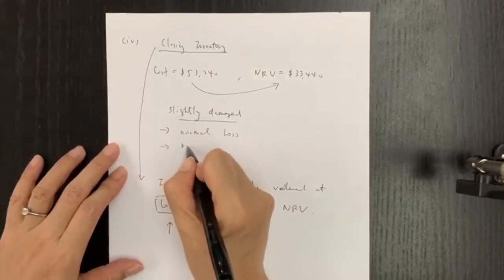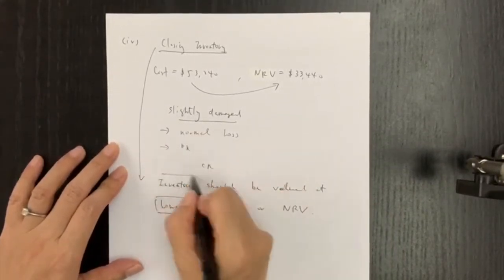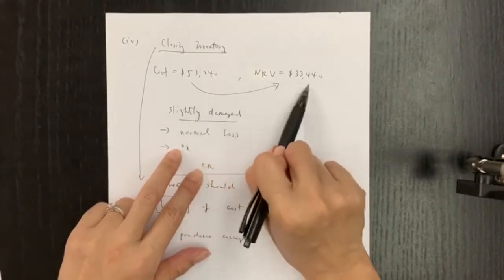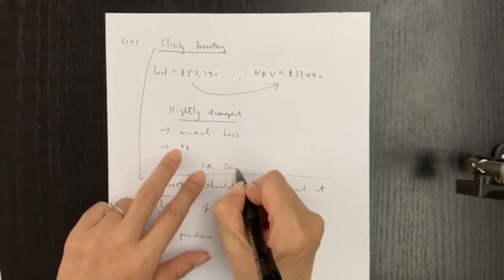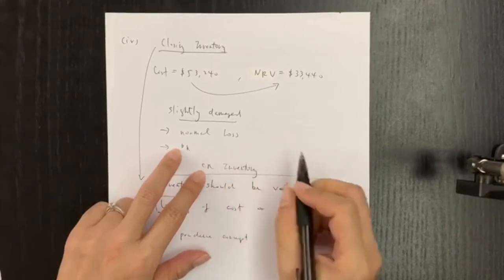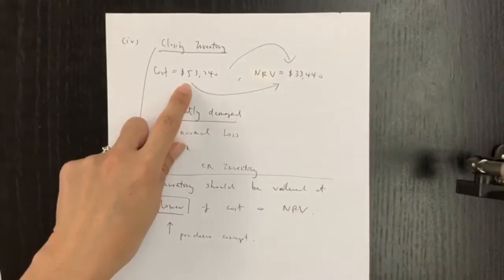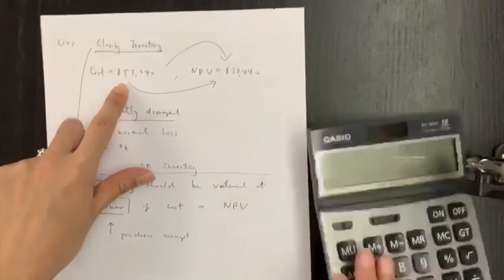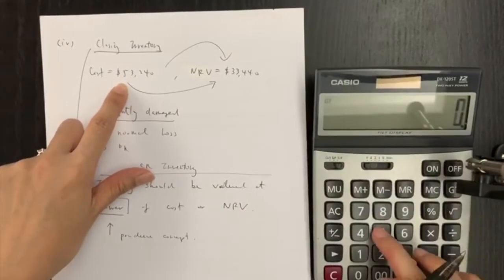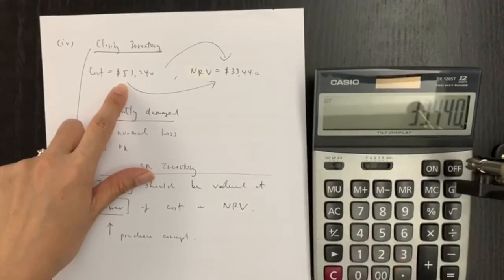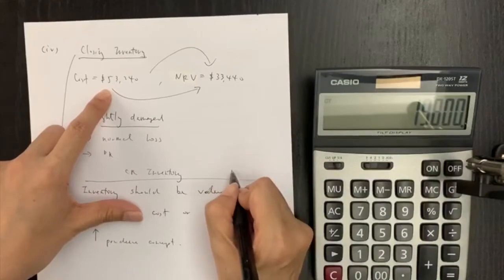So what is the double entry for recording normal loss? Anyway, we have to decrease inventory, so credit inventory by the change here. And how much is the change? Let me use the calculator to work out the change. The change is 53,240 minus 33,440. So here is the change.